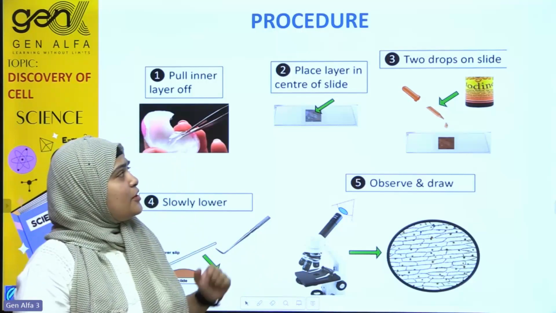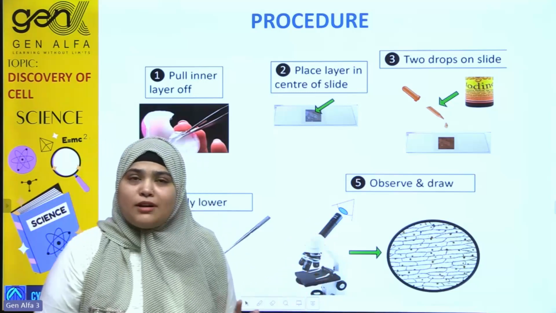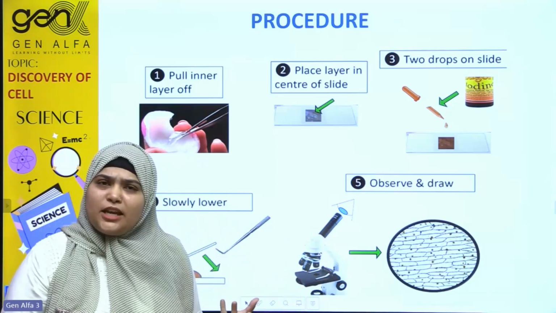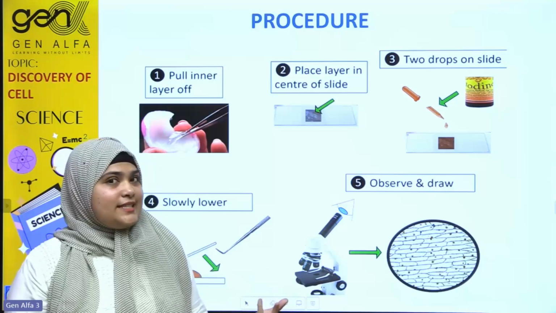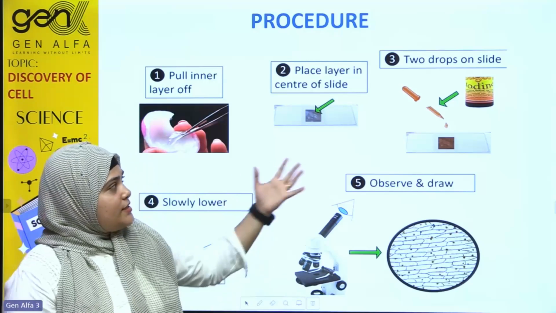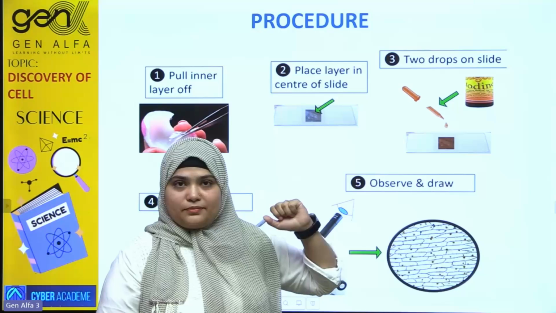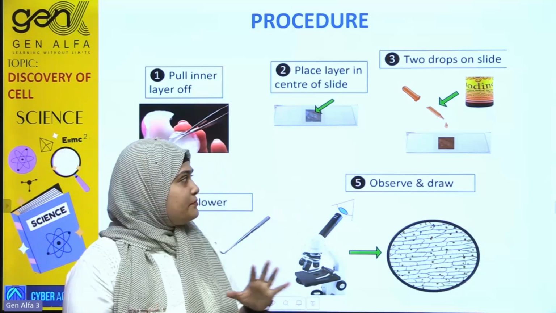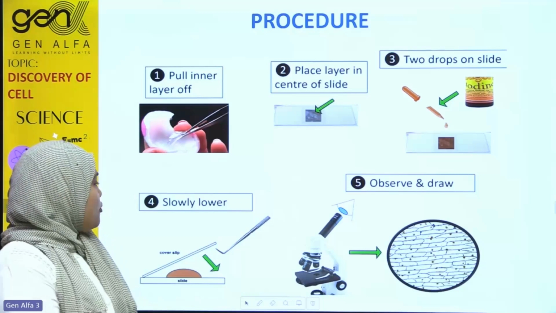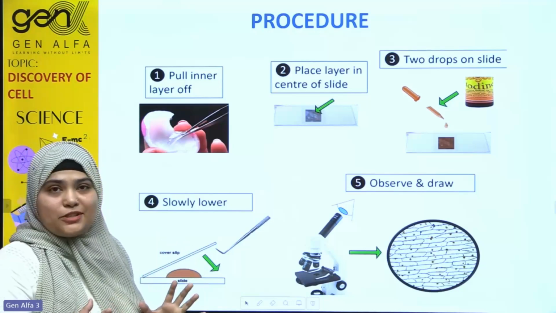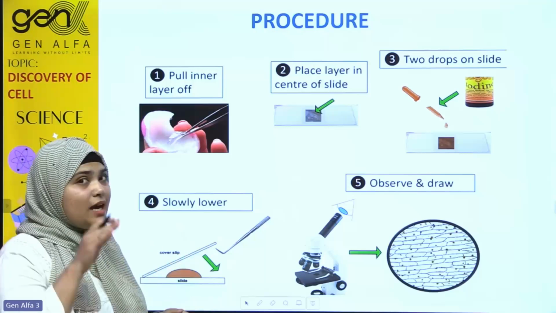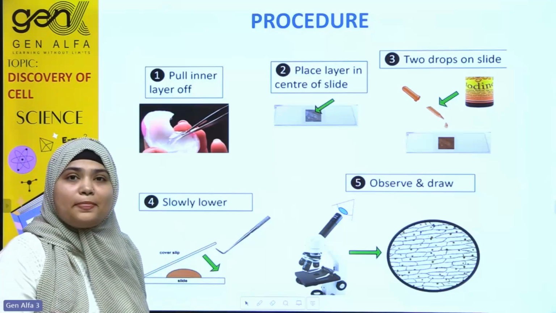Next procedure. Now you have to add 2 drops of stains like iodine, methylene blue or saffron, just like in this picture, and leave them for a minute. Clear? Next, this is the last procedure: placing a cover slip on the slide.